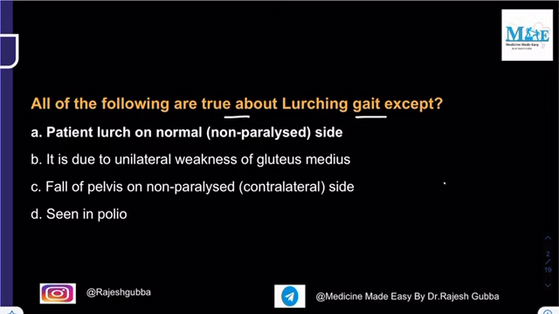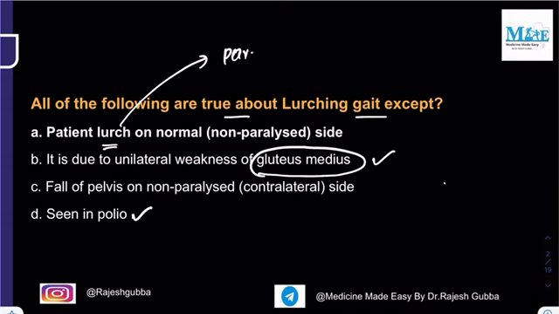So if you take the Lurching Gait, definitely it is the one which is seen in polio. And the Lurching Gait is mainly because of the weakness of the gluteus medius muscle. Whenever the patient lurches, the patient will not lurch on the normal side; he will lurch on the paralyzed side, right?